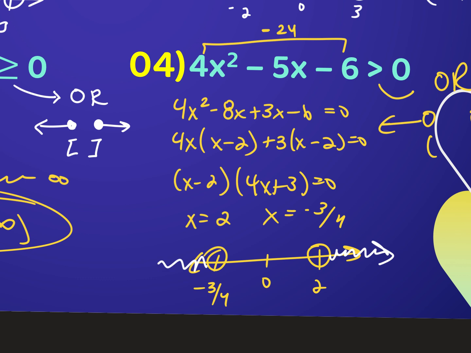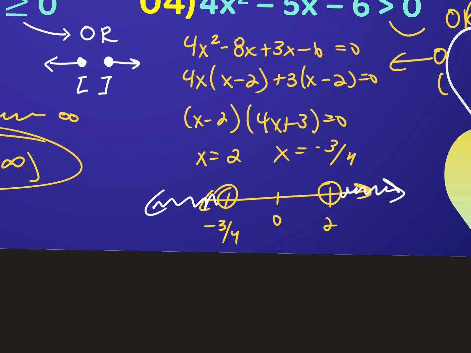So the way that I shaded, if I test 0, should 0 work? No, so let's try 0. Is negative 6 greater than 0? No, because if I plug in 0, 0 squared is 0 times 4 is 0, minus 5 times 0 is 0, minus 6. Negative 6 is not greater, so we are correct with the way that we shaded.